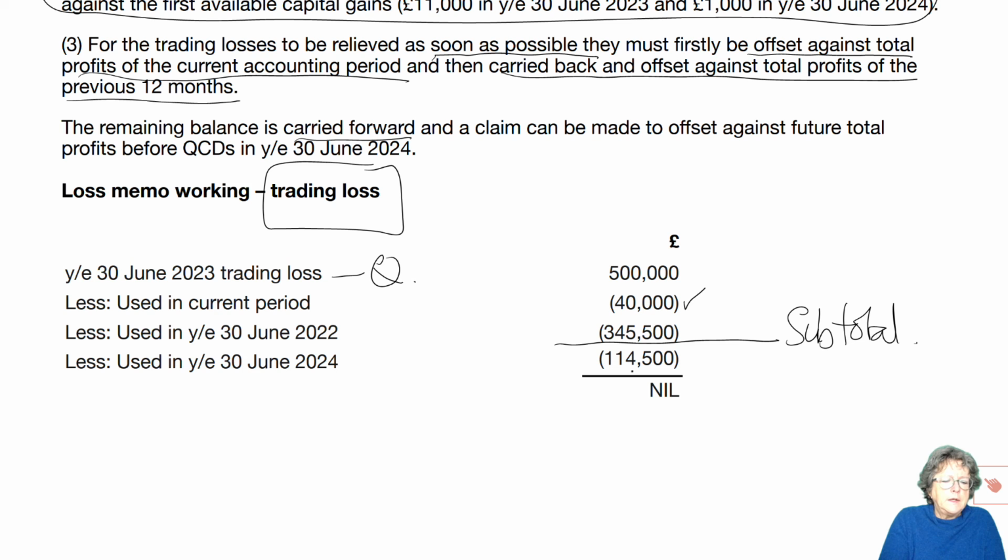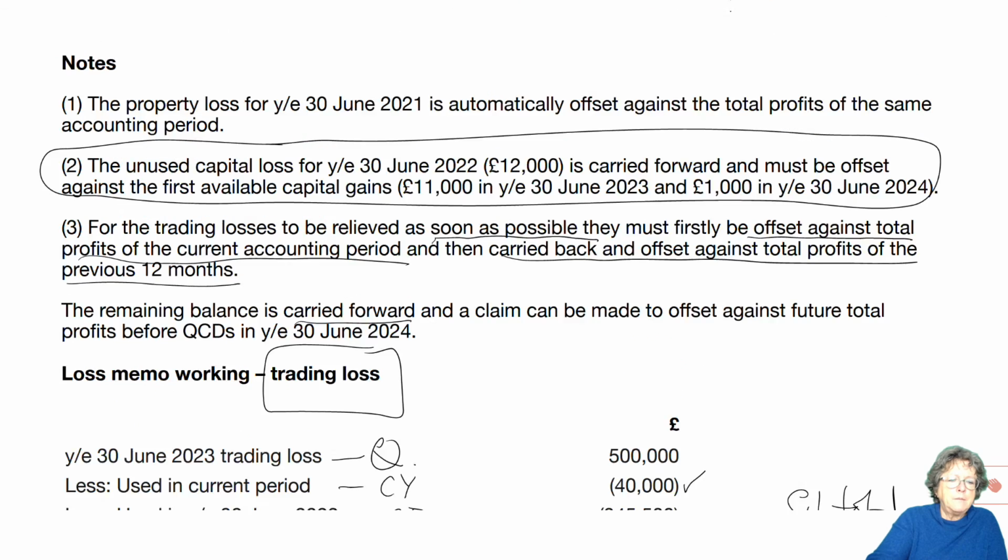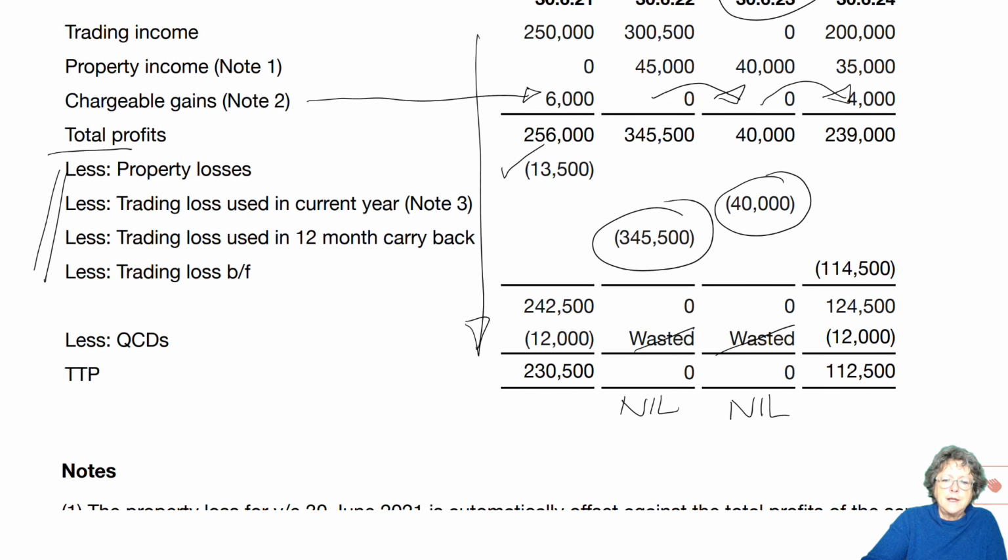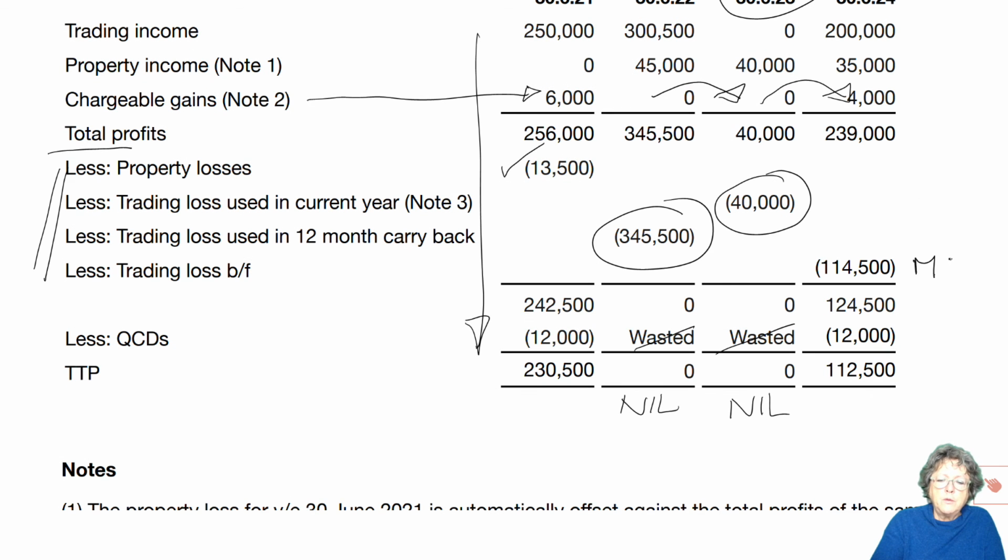And then this is the carried forward. So sometimes you can do current year, carry back, carry forward. That might be worth, and there's nothing to carry forward after that, because we've utilized it in full. So that's the maximum we have left. And then we can obviously finish off those questions.